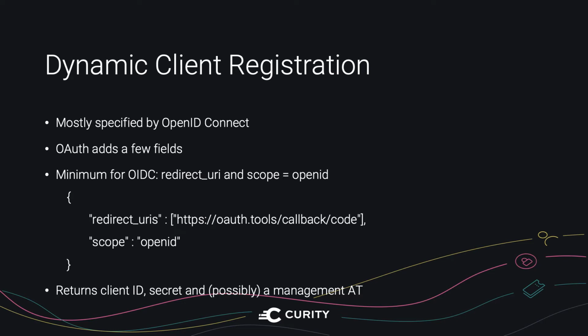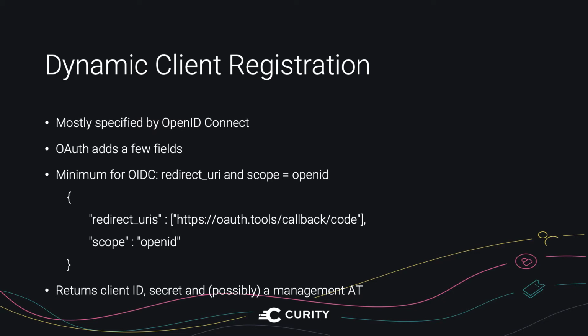But another very important one is dynamic client registration or DCR. In this protocol, a client will send a POST request to the OpenID Connect server's registration endpoint, including information about the client application so that it will become known to the OpenID server or the OAuth server.